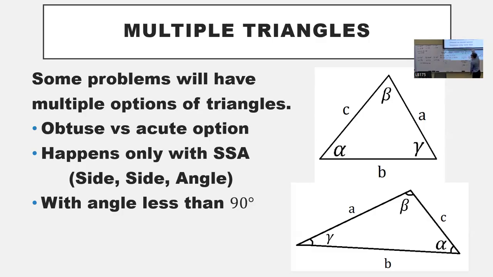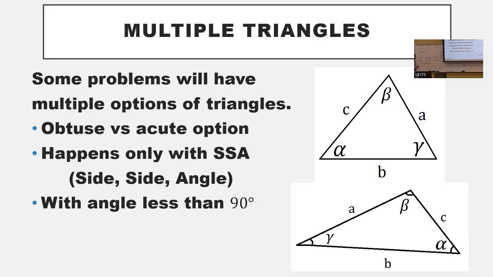And this is what I've said. There are times when you can get multiple triangles if you're given one angle and two sides, because we have this obtuse versus acute option for my angle beta in both cases.